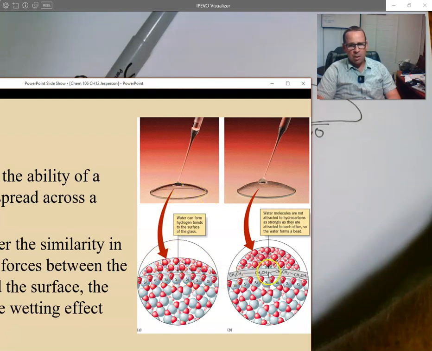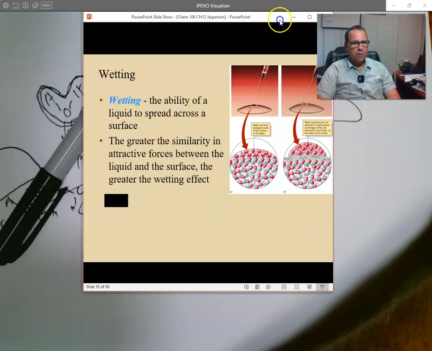But when there's a layer of some sort of hydrocarbon in the middle, the water tends to ball up because now the surface tension becomes stronger than the intermolecular interaction between the water and that layer in between the silicon oxide. Okay. Very good.